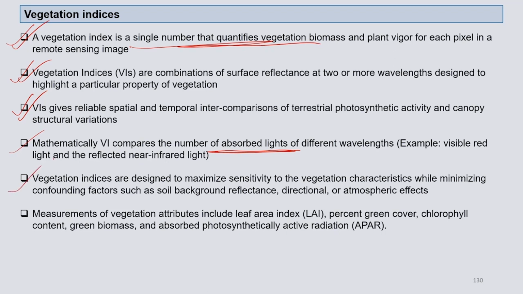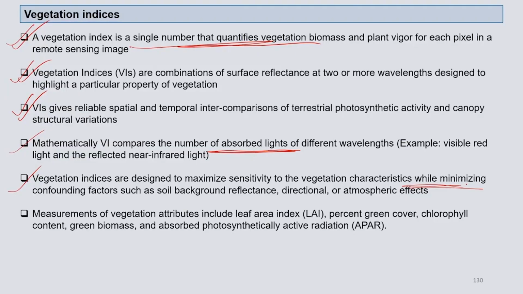Vegetation indices are designed to maximize the sensitivity to the vegetation characteristics while minimizing confounding factors such as background reflectance from the soil, directional effects, or atmospheric effects. In the atmosphere, if there is a lot of moisture or dust particles, aerosols, they will also affect.